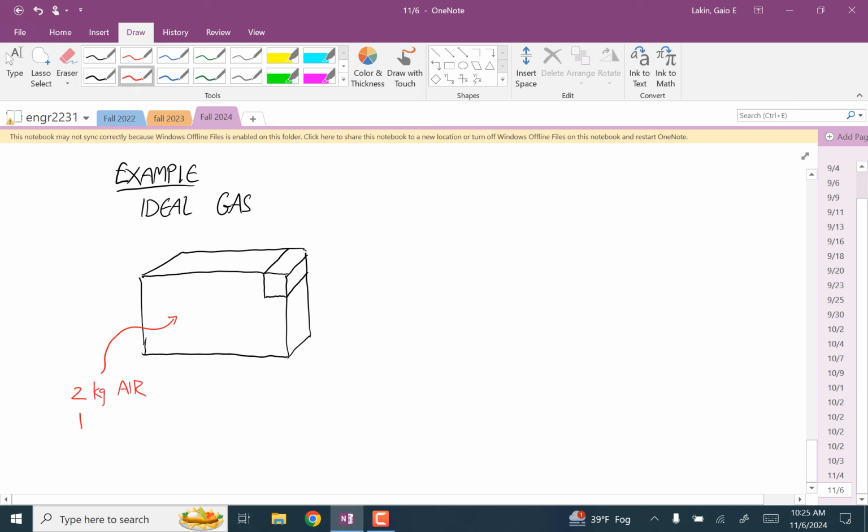With a volume of 1.6 cubic meters at 20 degrees Celsius. And in this little enclosed box inside, we have 1 kilogram of air, with a volume of 0.4 cubic meters at 100 degrees Celsius.